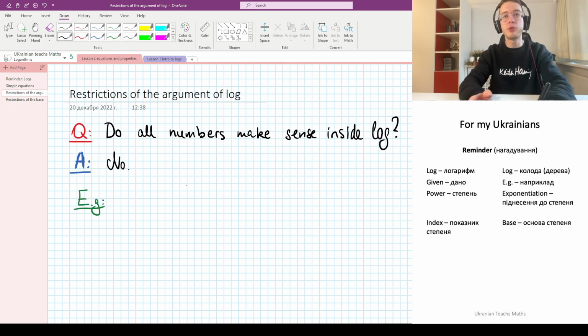So for example, I have, let's say, log base 2 of minus 1. So the question is, can I have a number for that? Can I assign a certain value to this thing? So let's say I can, and this value is going to be an x, or an a, or any other number or letter. So say I assign a value to this one.